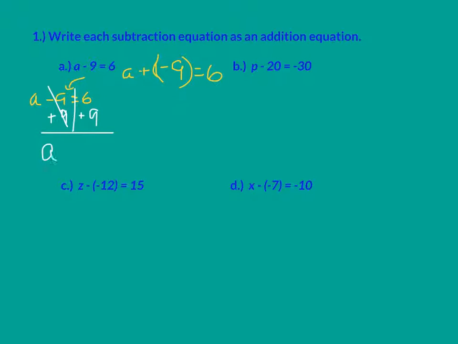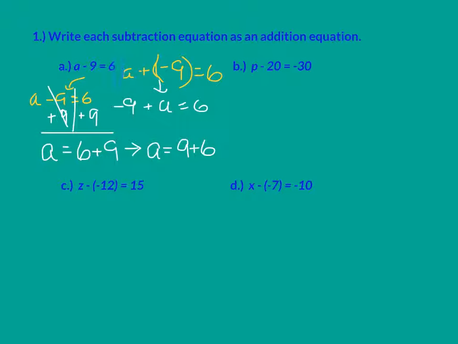I'm left with A equals, remember, I'm not solving this, I'm leaving it as a different equation, 6 plus 9. And then, using the commutative property, I can switch those around and have A equals 9 plus 6. Using the commutative property up here for this one, I would have negative 9 plus A equals 6. So we have 4 different options here that you could have used.